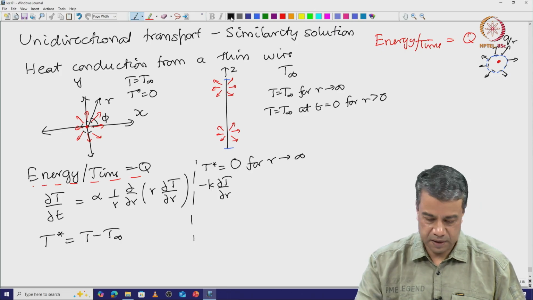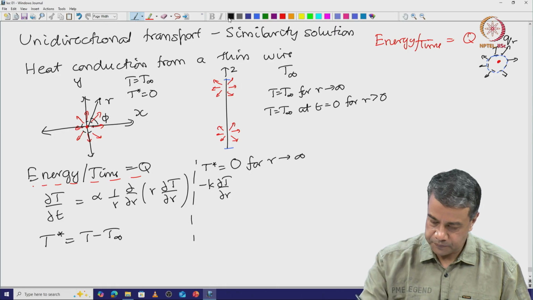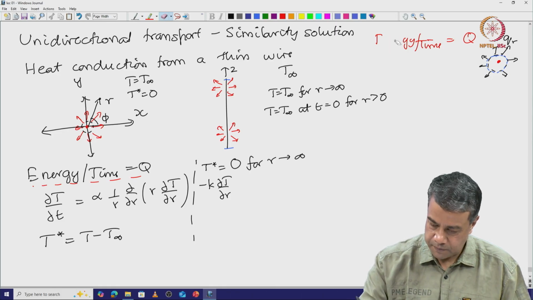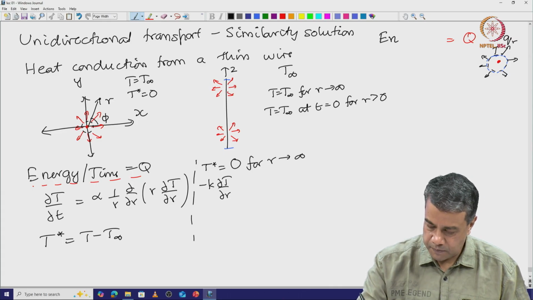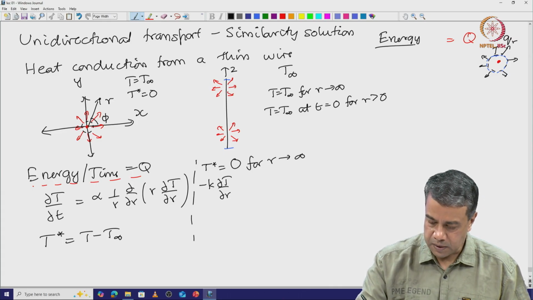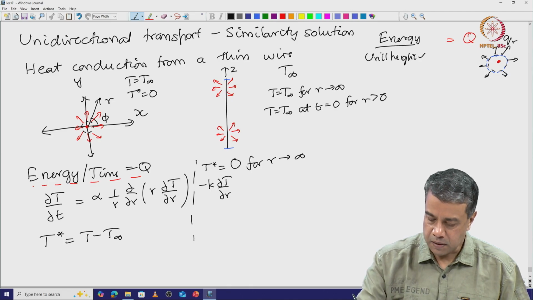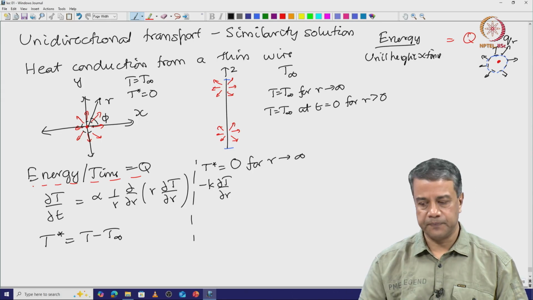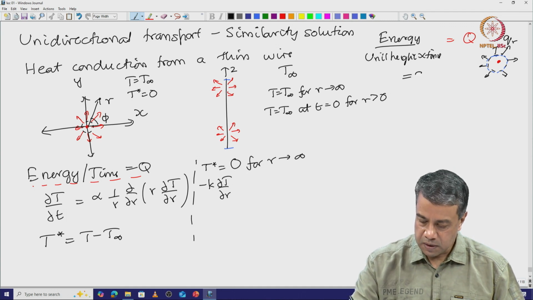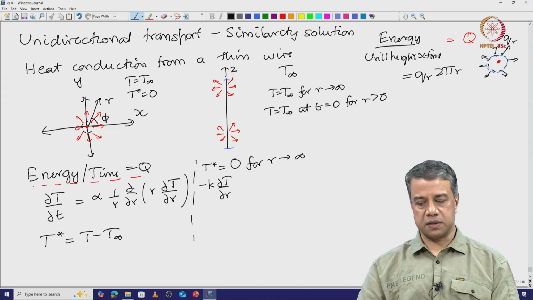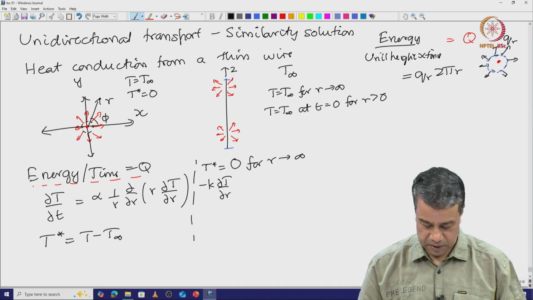So, I should write this as energy per unit height into time. This has got to be equal to q_r times 2 pi times r.